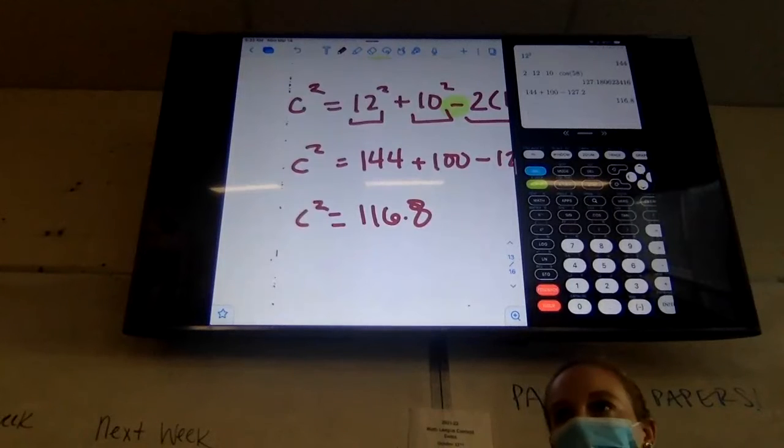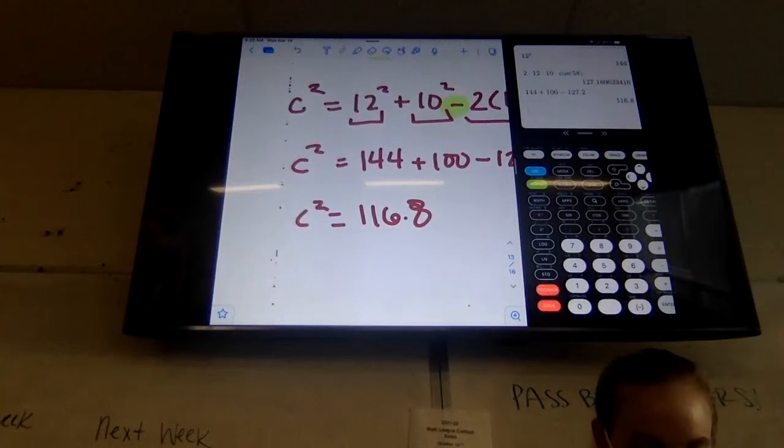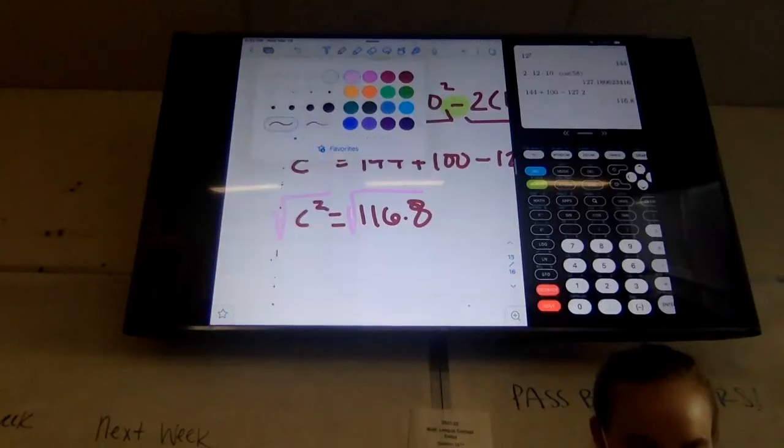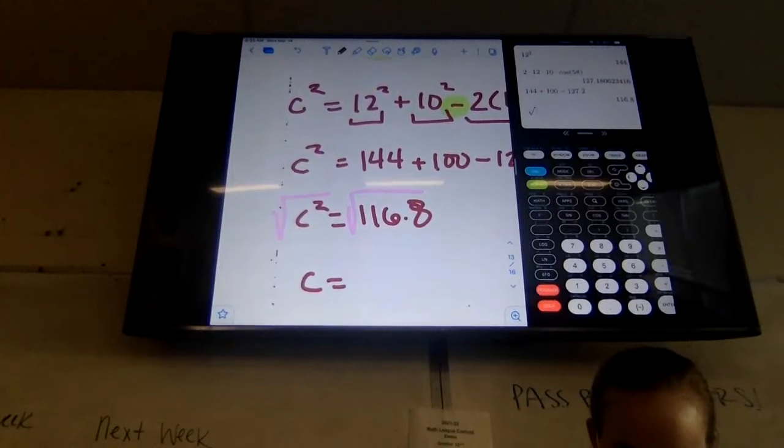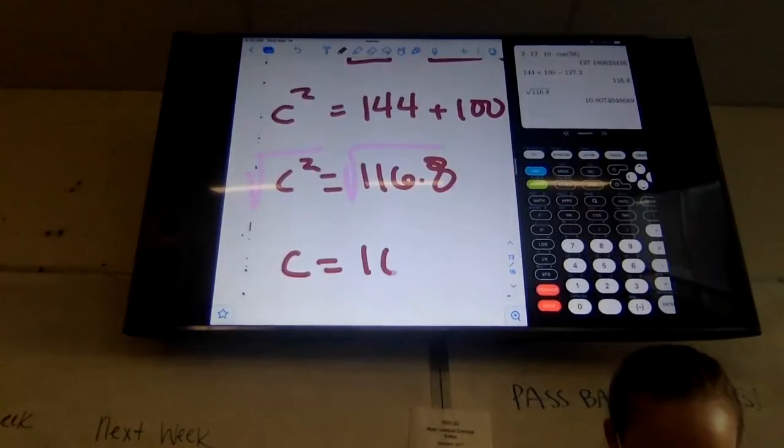Okay. That's what c squared equals, and I want c, so I'm going to square root both sides. Since it's already a decimal, I'm just going to leave it as that decimal. When I put in my calculator second, x squared, so square root of 116.8, I get 10.8. Perfect.